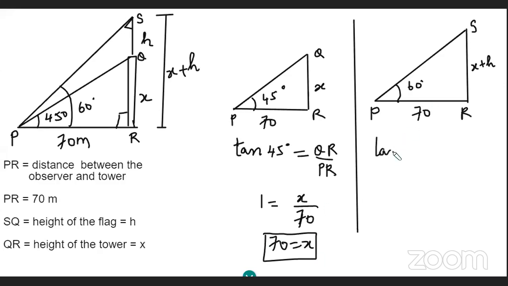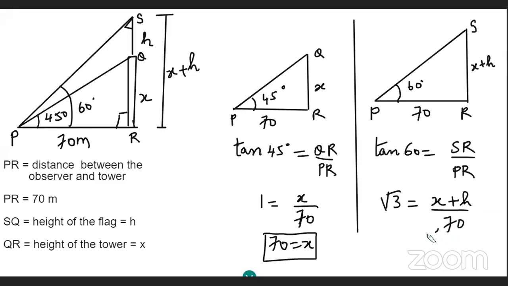So it's tan 60 degrees, which is SR upon PR. Tan 60 is root 3 or 1 upon root 3? Root 3. So we'll say root 3 equals x plus h upon 70. So let's take the 70 to the left side. So I'll get 70 root 3 equals x plus h.